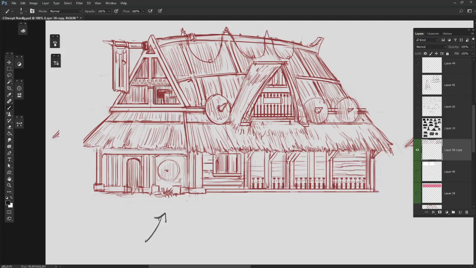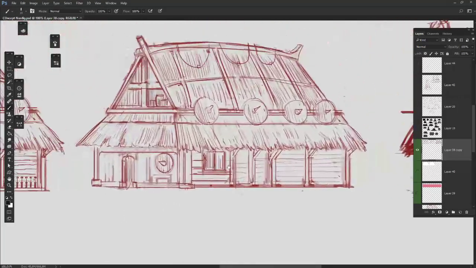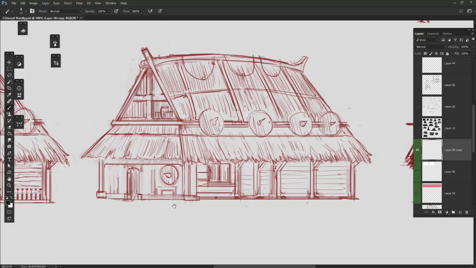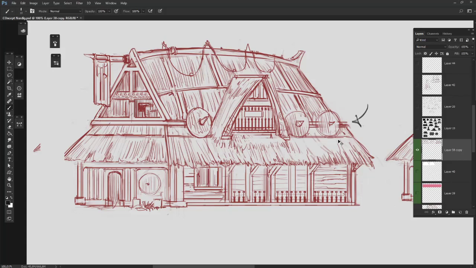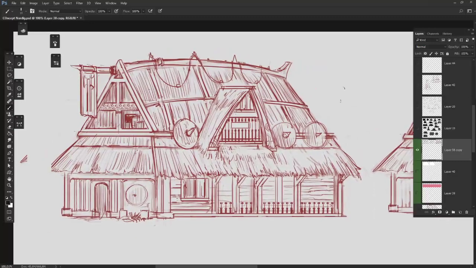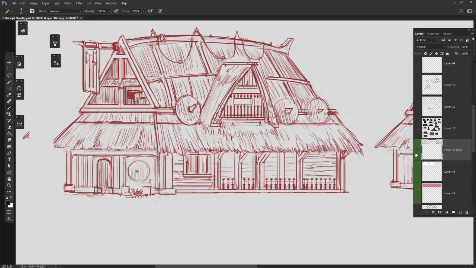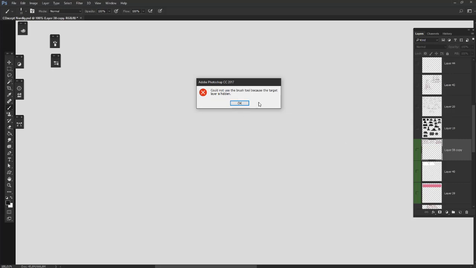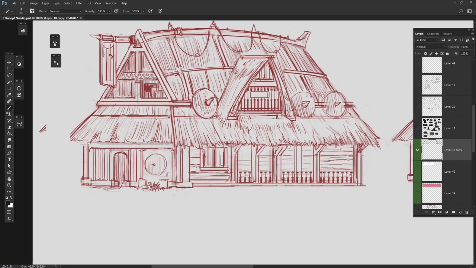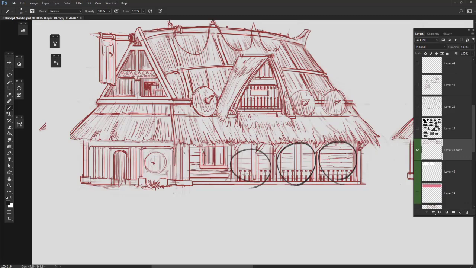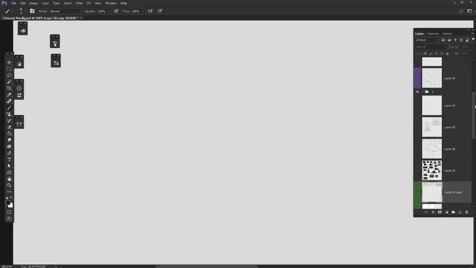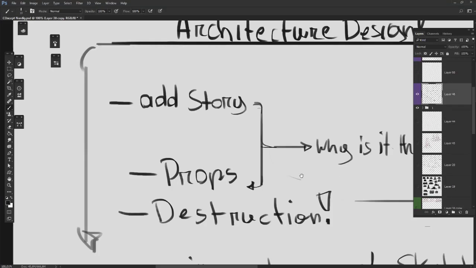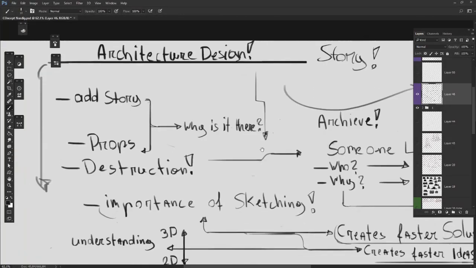Right now what you see here is the folk building I did last time. I just refined it a little bit. Here we can decide where we can add those repetitions and where we add destruction, because it's up to us how we decide and where it leads the design, depending on where you want to go with it.